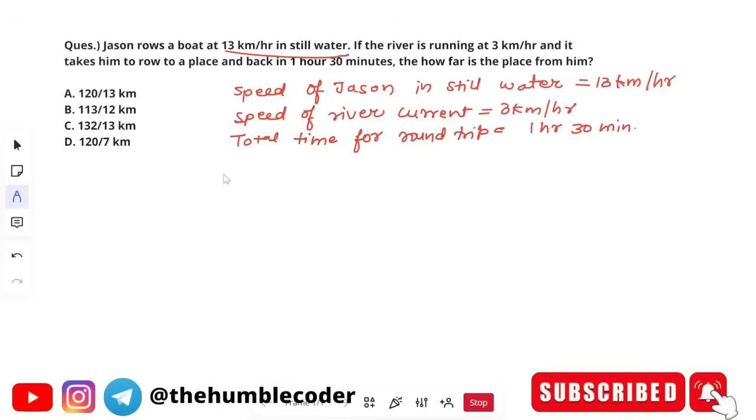Based on this data, there are two speeds that we can deduce. The first speed is the speed while going, which is also called downstream. That is 13 plus 3 kilometers, which is going to be 16 kilometers per hour.